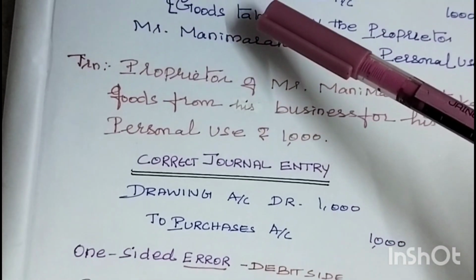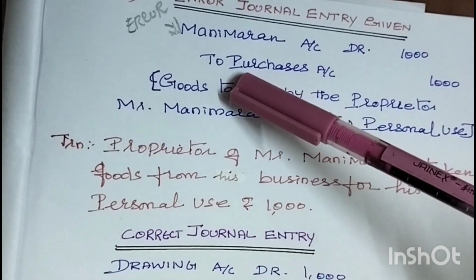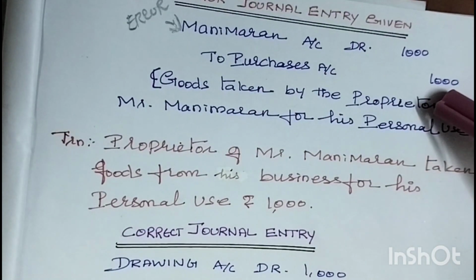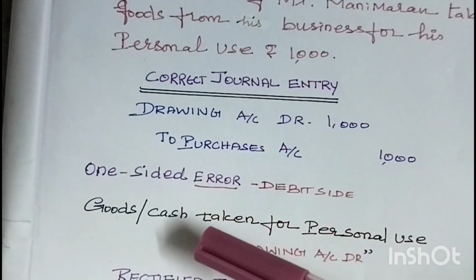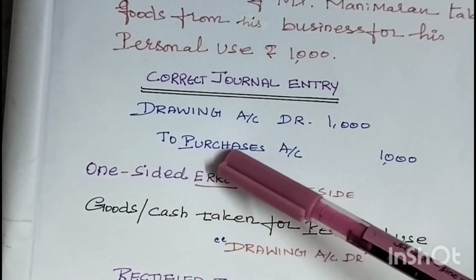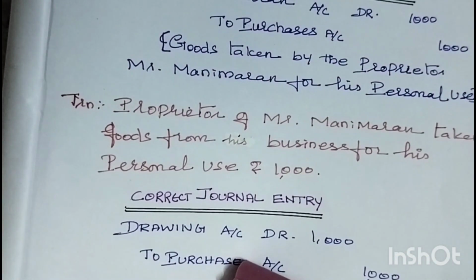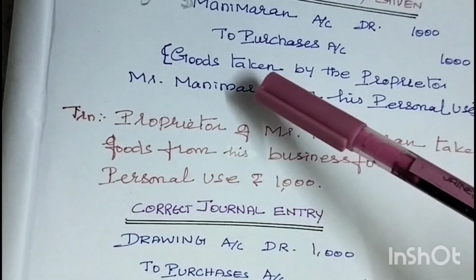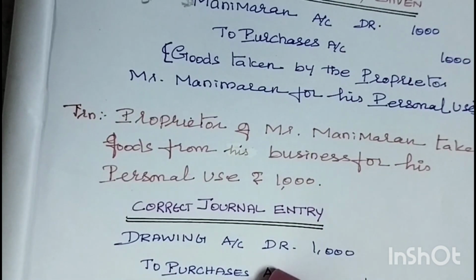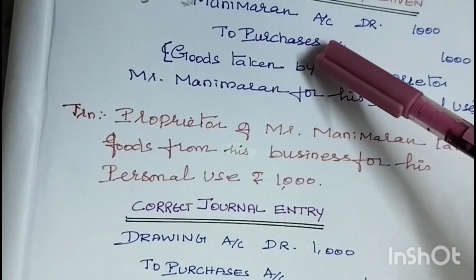And let's take the creditor side. They given to purchases account 10,000 rupees. On the creditor side, we passed to purchases account 1,000 rupees. So the creditor side is the same account, purchases account. So there is no error on the creditor side.